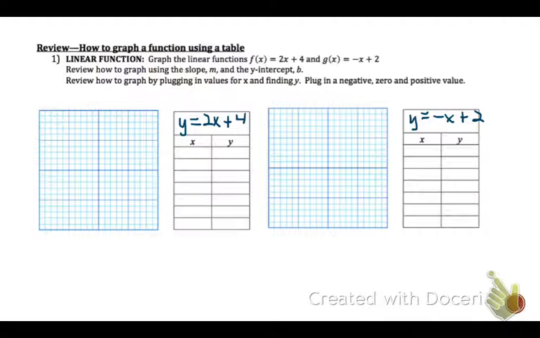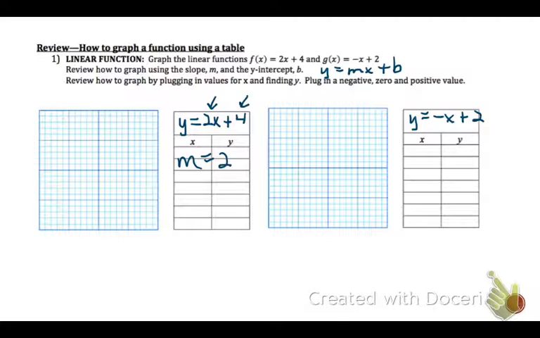So our directions say review how to graph using the slope m and the y-intercept b. So since we are in slope-intercept form, which is y equals mx plus b, let's graph the first function using those. So my slope is my number in this position. So slope equals 2.